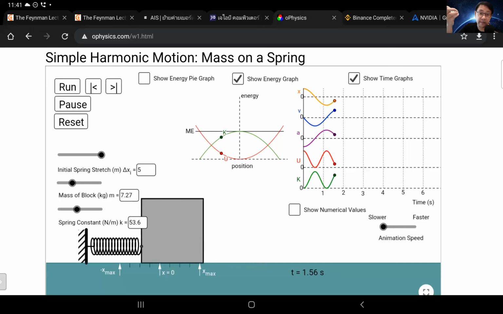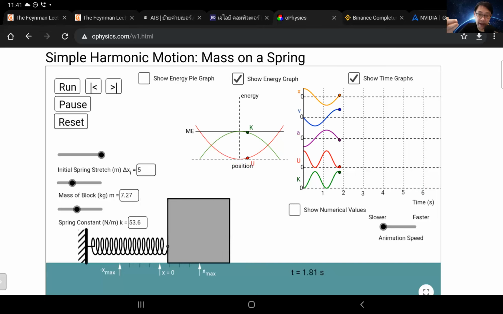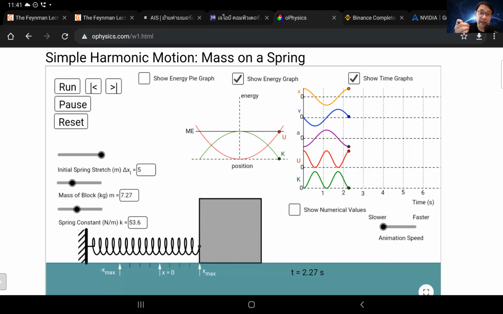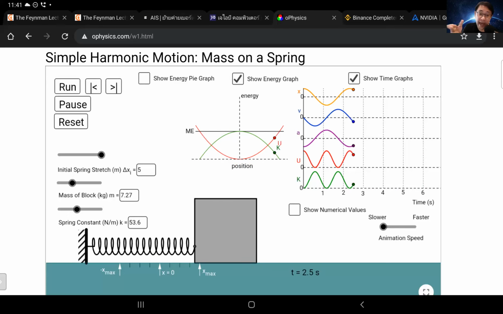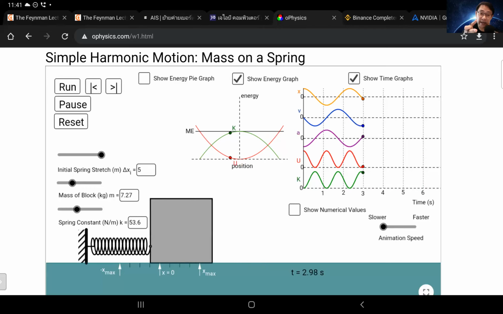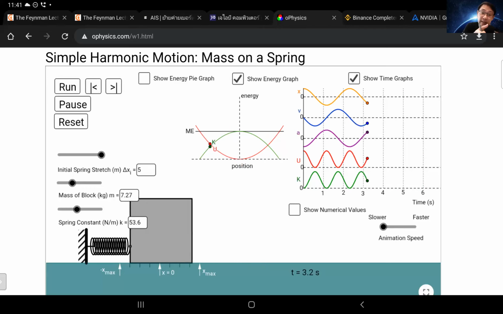So that's why the mass travels a little bit faster, until it gets the fastest at the equilibrium position. When it's past the equilibrium position, it will get slower and slower, and the kinetic energy turns back into potential energy. And this oscillation just goes back and forth.